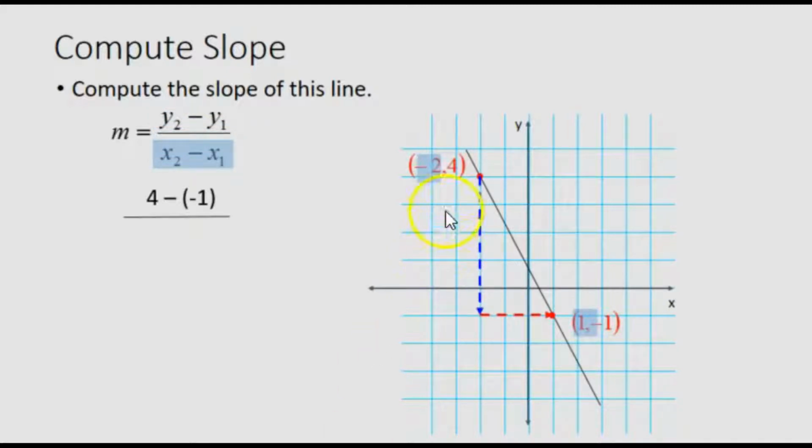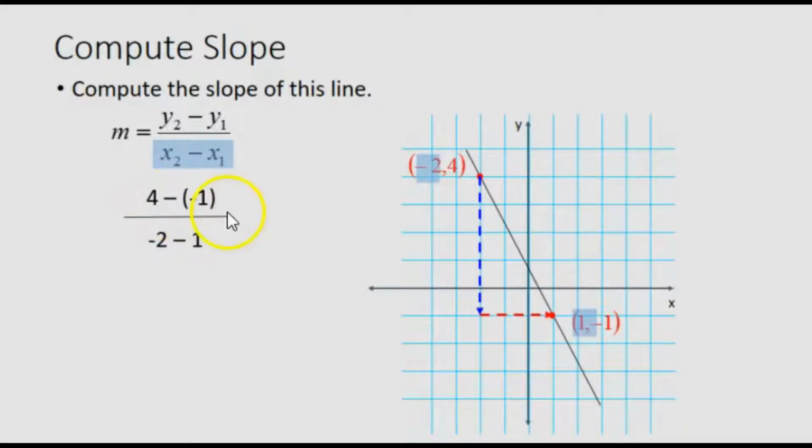Because we started with this 4 as our y sub 2, this is the corresponding x sub 2 that needs to be started with in our slope formula. So we have negative 2 minus the other x coordinate, which is negative 1.